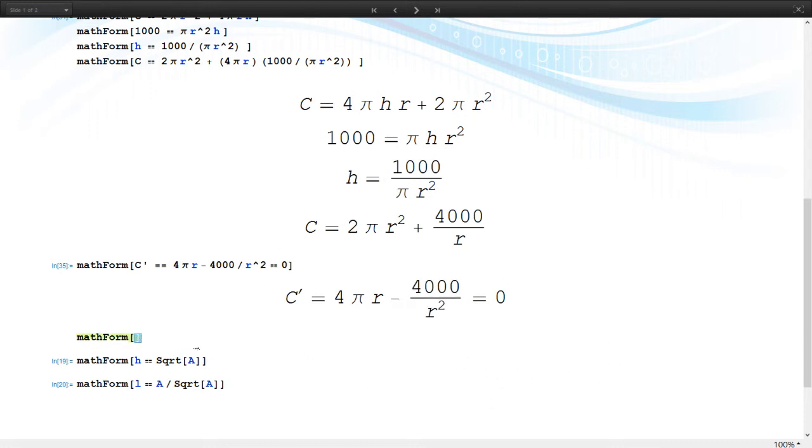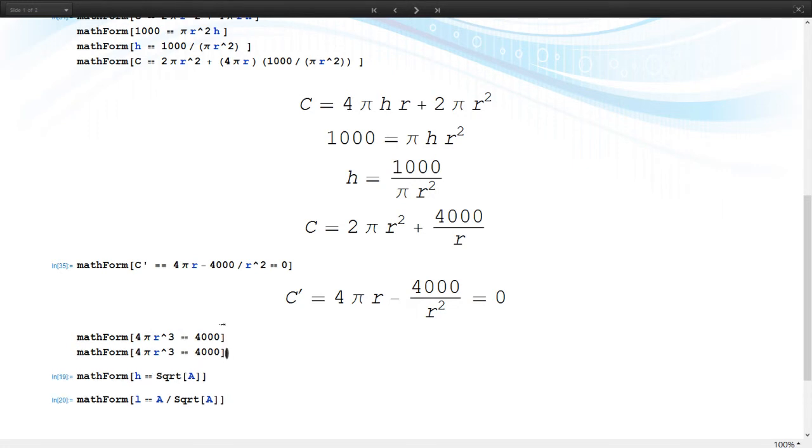That leaves us with 4 pi r cubed is equal to 4,000. We divide both sides by 4, and by pi.